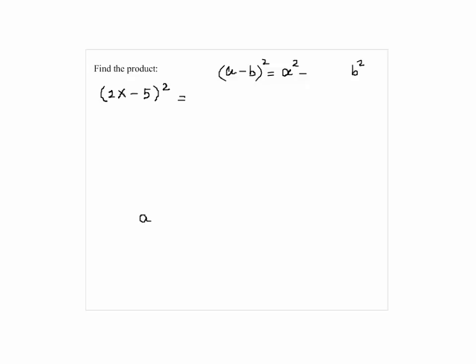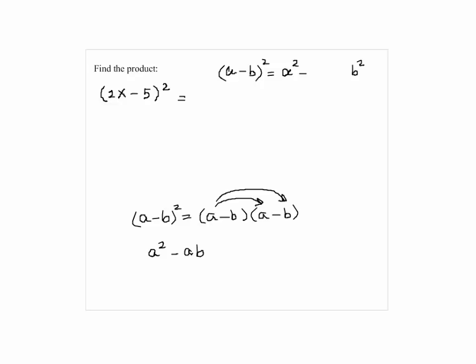No, look, (a minus b) squared is the same as, like you said, (a minus b) times (a minus b). Let's start with that. If you multiply term by term, a times a would be a squared. And then if you multiply a by minus b, you get minus ab.